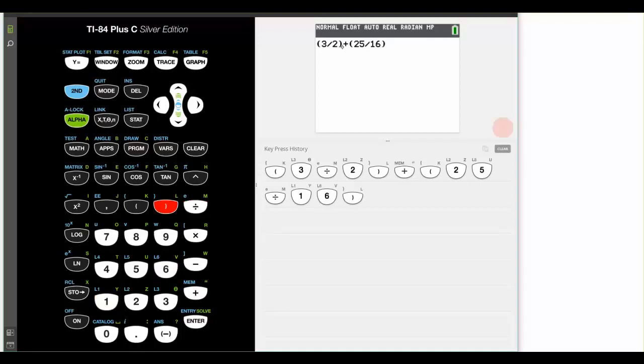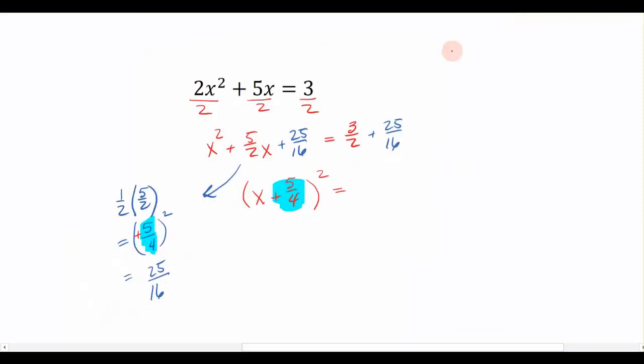Now, I want the result of this in fraction form, so I hit Math, and fraction is the default, so I hit Enter, and I hit Enter one more time, and it gives me that those two fractions added together is 49/16. So I can embrace my love for fractions.